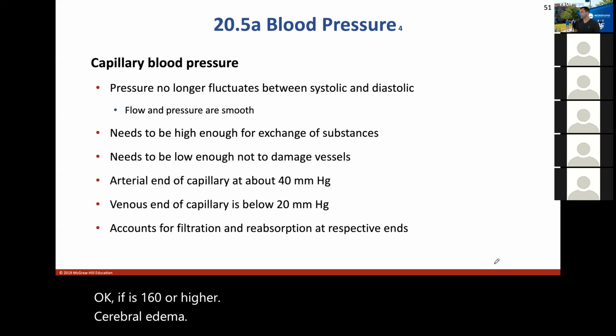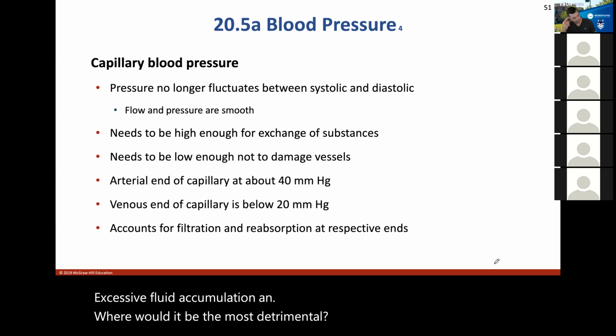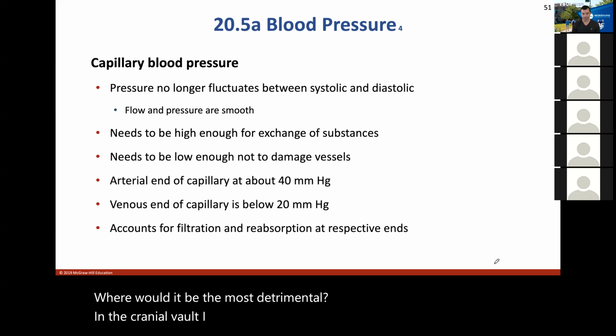Excessive fluid accumulation. And where would it be the most detrimental? In the cranial vault.